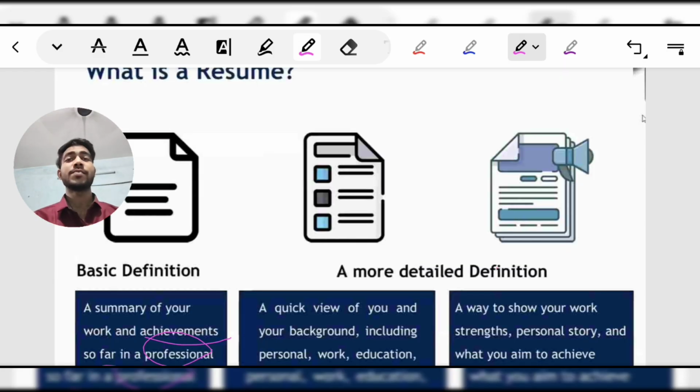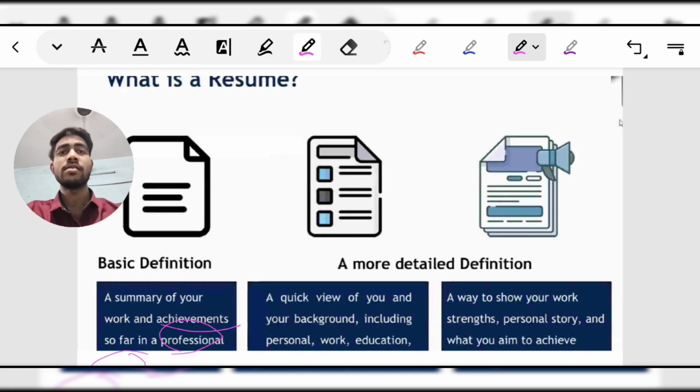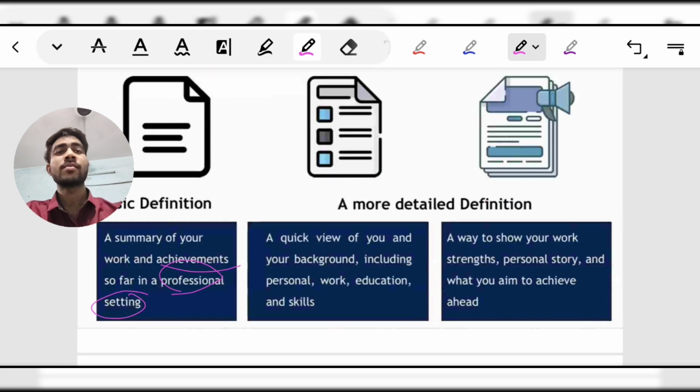So what is a resume? It is a summary of your past work experience, your academics, and the extracurricular activities you have performed throughout your journey, in this one page.